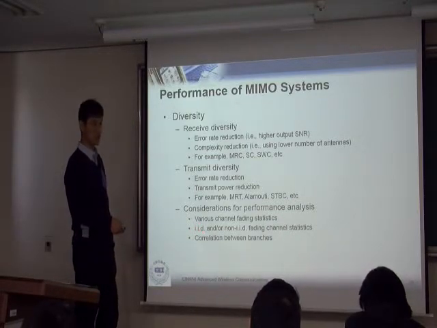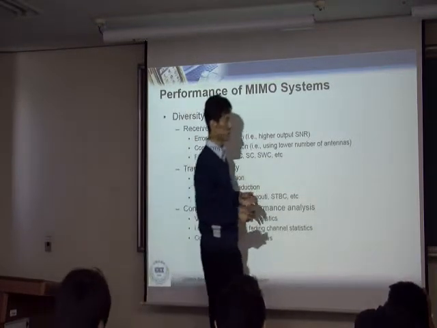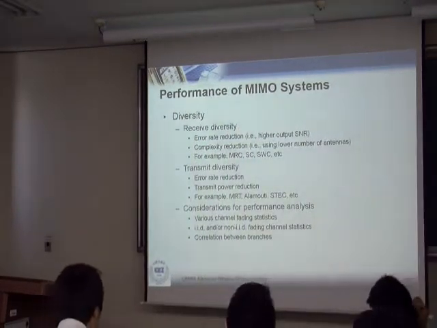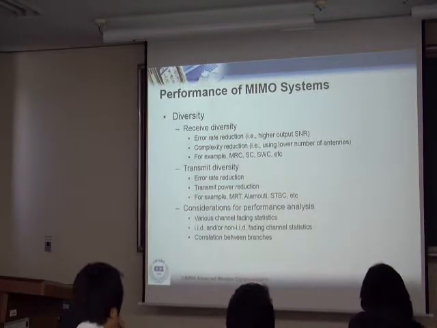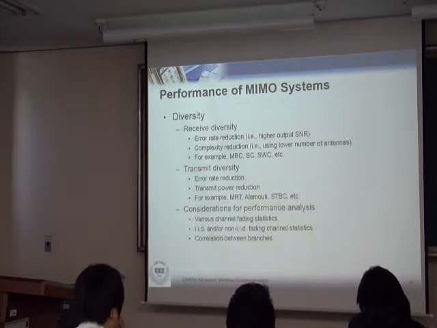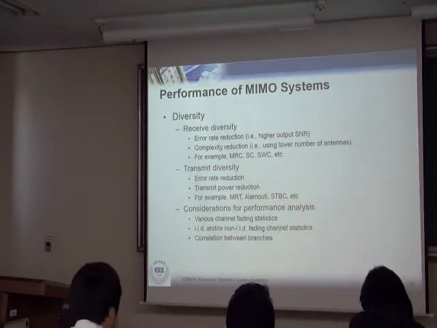Identically independently distributed. What that means is this: when you think about a multiple antenna system with this channel and that channel, H1 and H2, let's suppose that we have two different channels. These two channels may have different channel statistics.